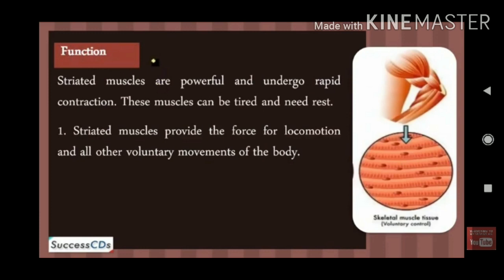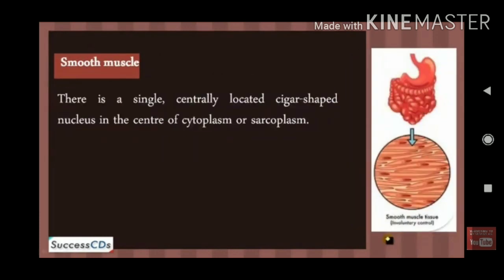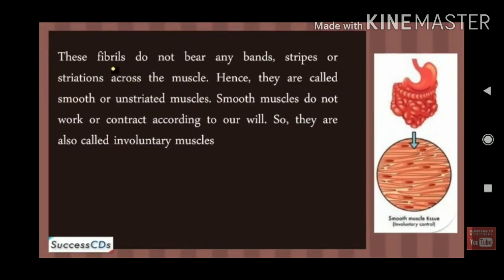Next, we will see the smooth muscles. Smooth muscle is present in our internal organs. This muscle is cylindrical in shape. Here, only one nucleus is present, so it is called uninucleate, but the skeletal muscle is multinucleate. In smooth muscles, the striations are absent.